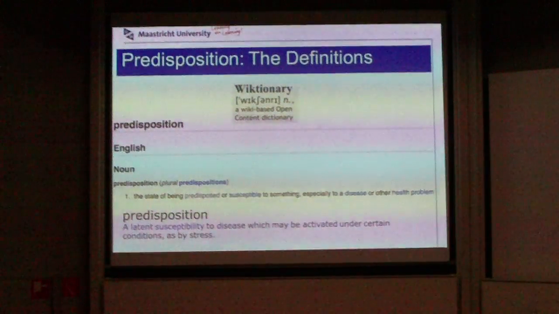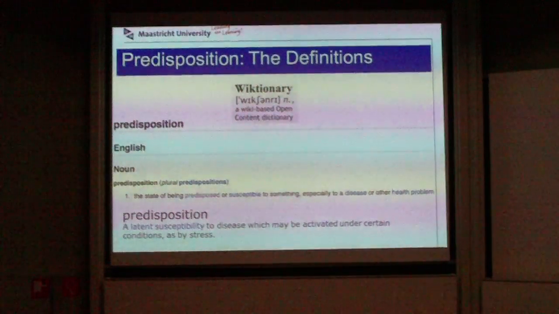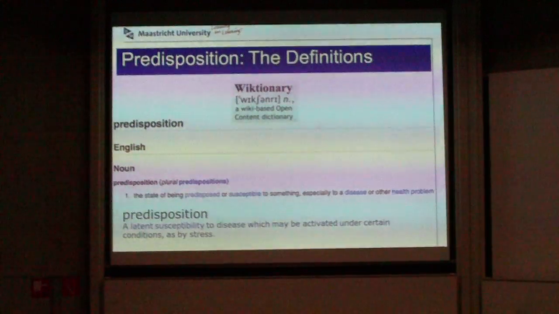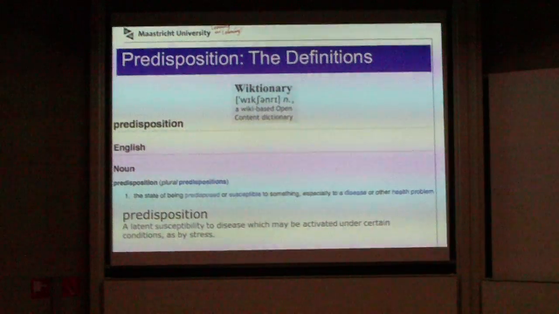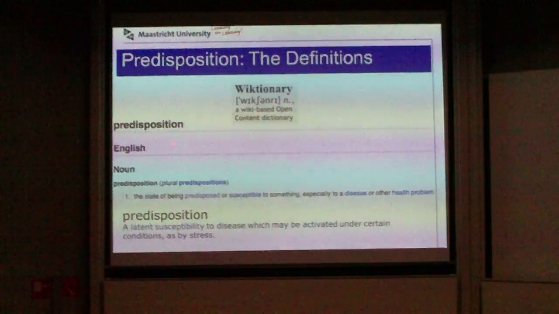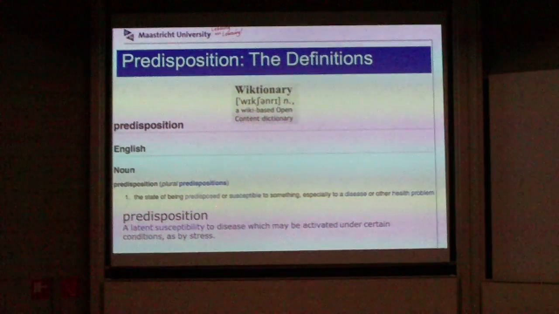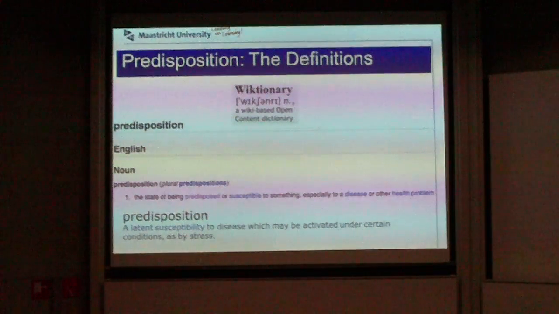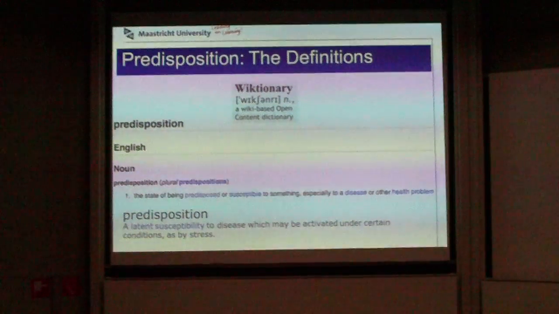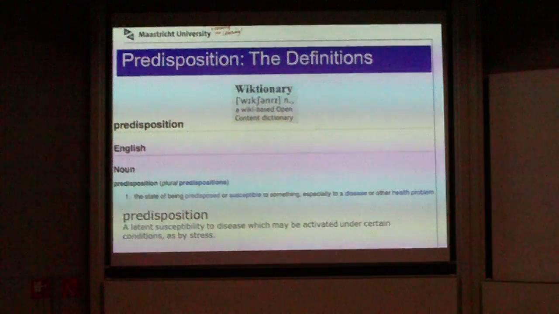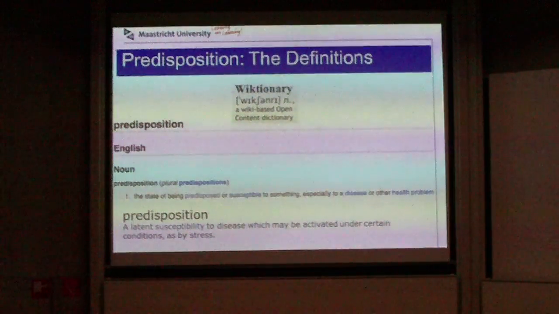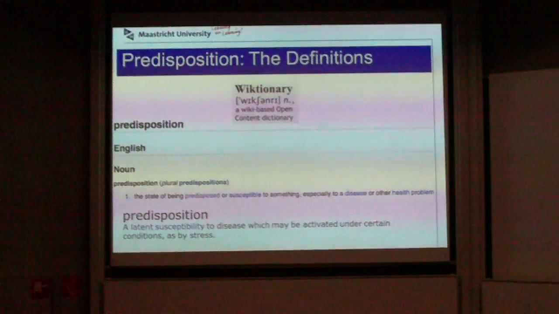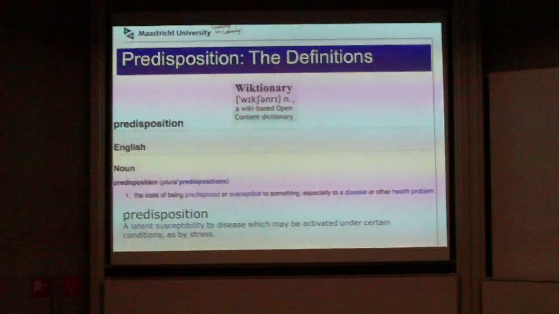Let's now go to predisposition and what we mean by it. If you go just to Wikipedia, you see that it's indicated as the state of being predisposed or susceptible to something, especially disease or a health problem. So it means that you are at a higher risk of developing a disease.